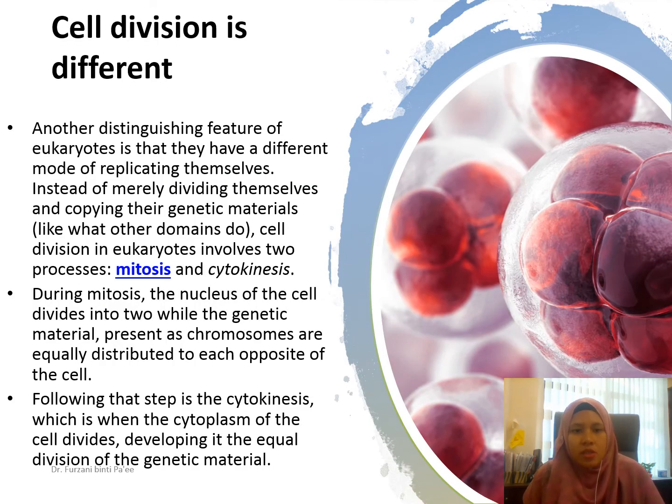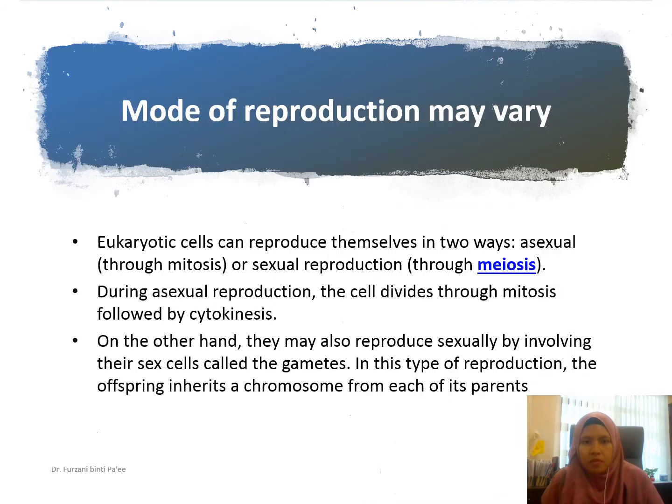Cell division is different. Okay, so for eukaryotic, because it is a complex cell, right? So it's multicellular, it's complex, so all the processes are complex. So that's why the cell division is different from the prokaryotics. Okay, and the mode of reproduction as well. Okay, so usually the eukaryotic cells can reproduce using mitosis or meiosis.